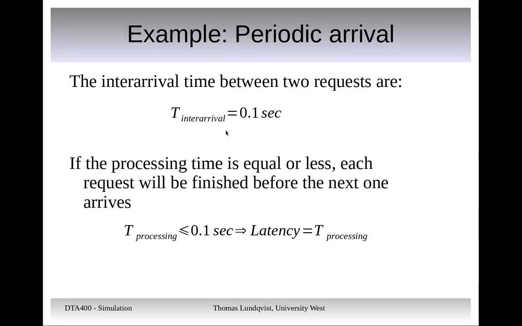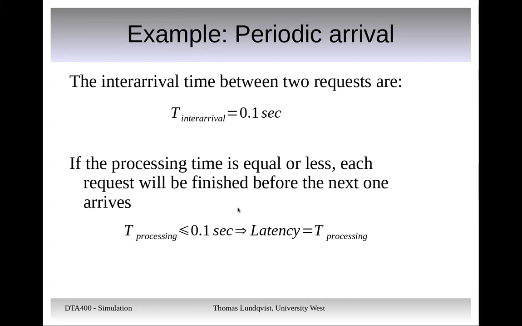So if you have this periodic arrival, it's very, very easy. If you have a service station handling periodic arrivals, and you know that there are 0.1 seconds between each job, then if you can handle 10 jobs per second or more in the service station, it's okay.